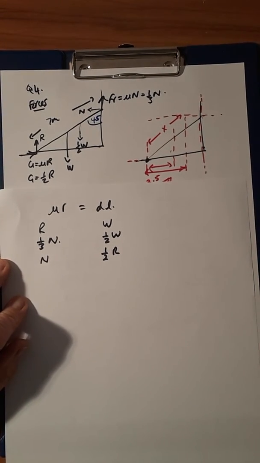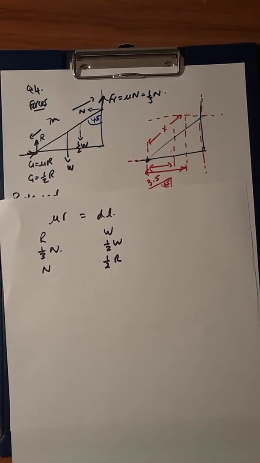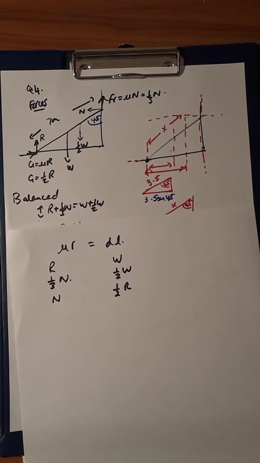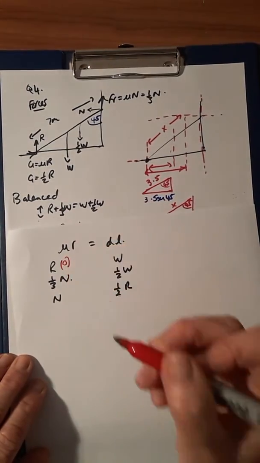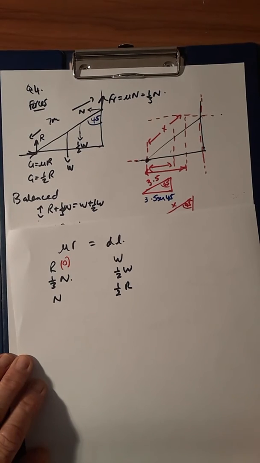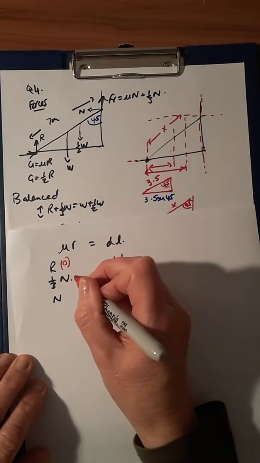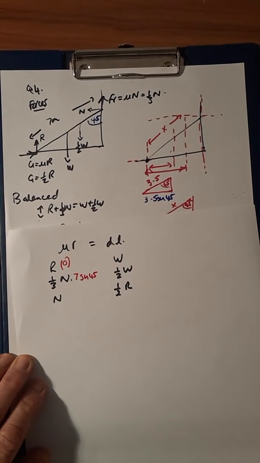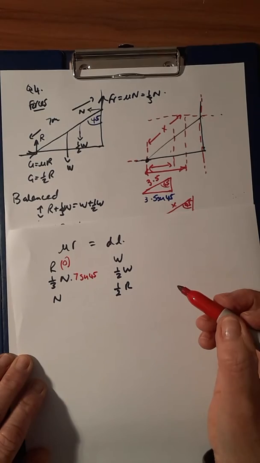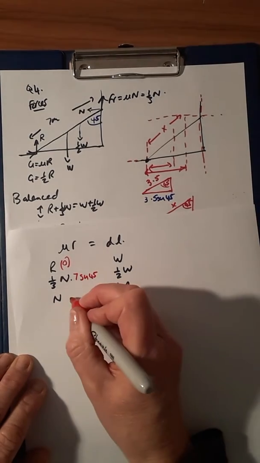Okay, I'm going to put in the distances now, which I've worked out, so I know what they are. The R is going right through the fulcrum, so that's going to be 0. The 1/3 N is 7 sine 45. The N is 7 cos 45.